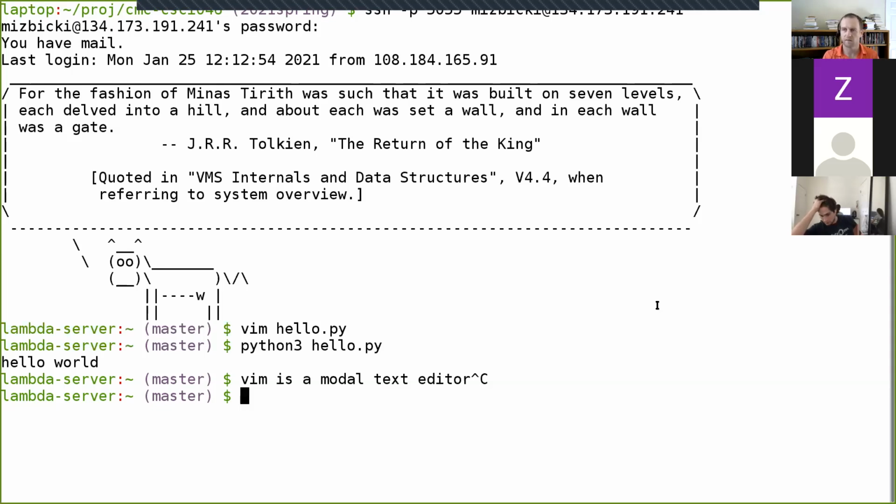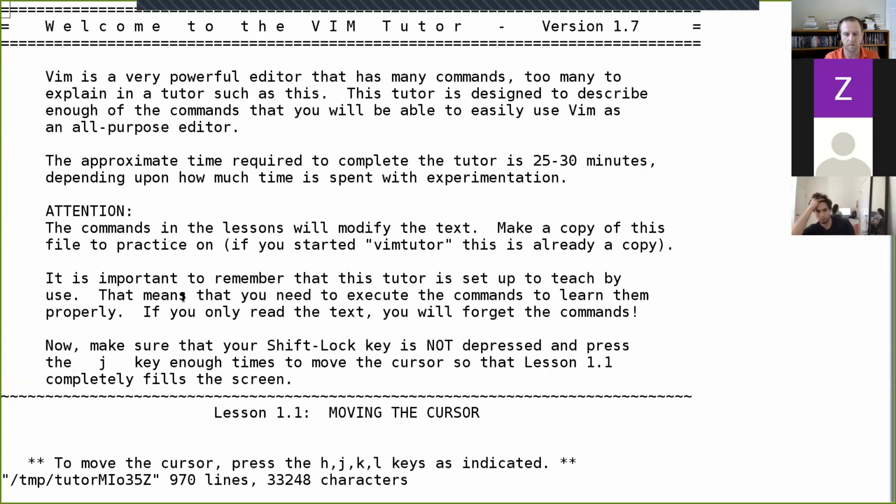The way to learn the Vim language is through a command called vimtutor, T-U-T-O-R. You just type it in once you've logged into the Lambda server and hit enter, and it opens up a big set of instructions on how to use Vim.